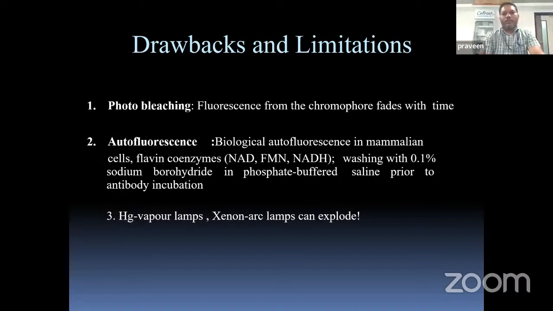Some biological autofluorescence occurs in mammalian cells, with coenzymes such as FAD, FMN, and NADH, and washing with 0.1% sodium borohydride in phosphate buffered saline prior to antibody incubation helps. Mercury vapor lamps and xenon arc lamps can be explosive. That is a drawback of those.